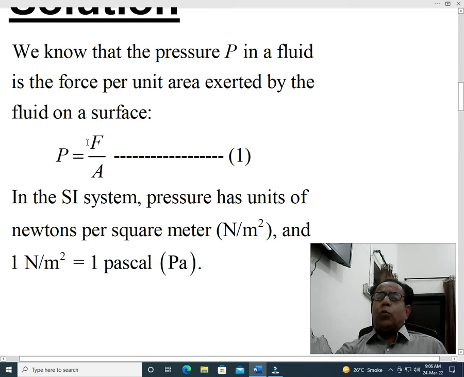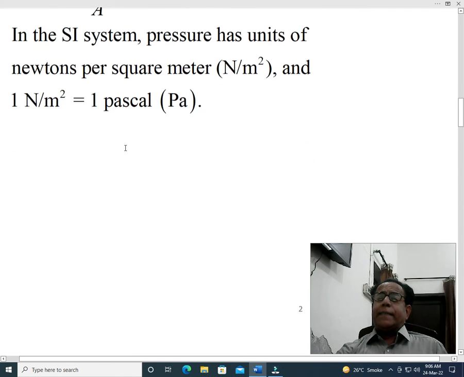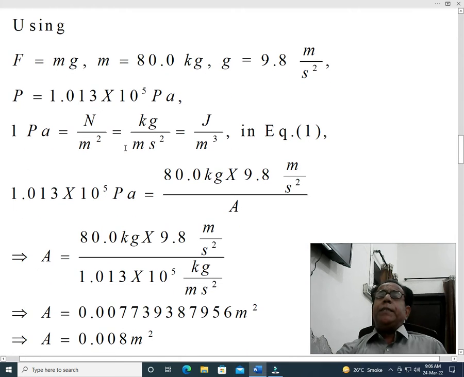Here F equal to mg, m is given 80 kilogram and g is 9.8 meter per second square, a constant acceleration due to gravity.